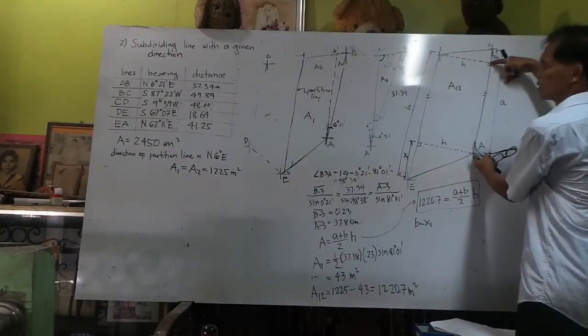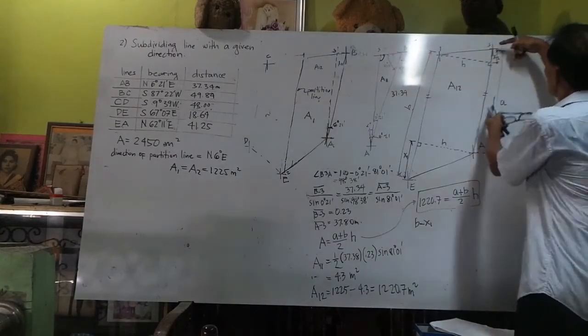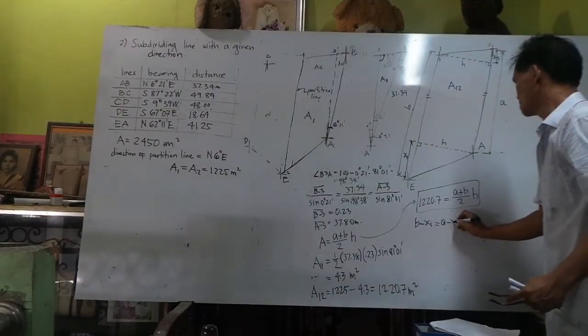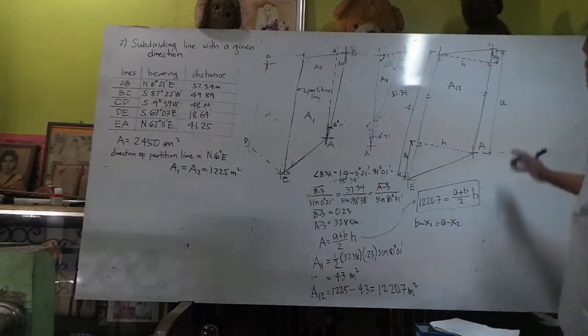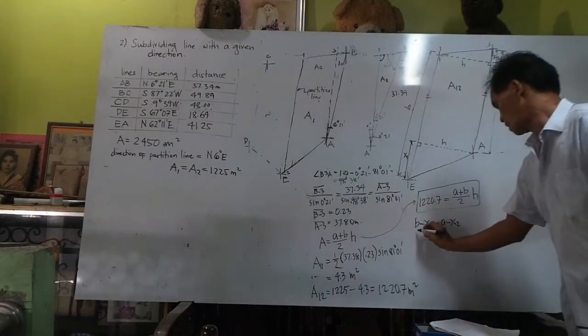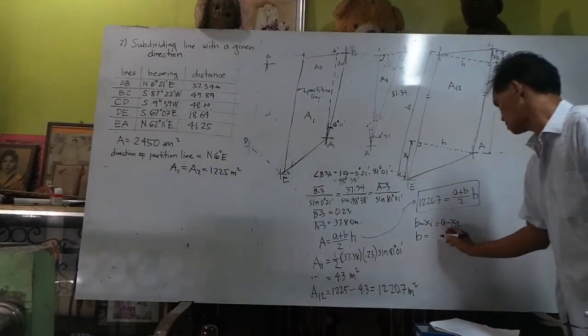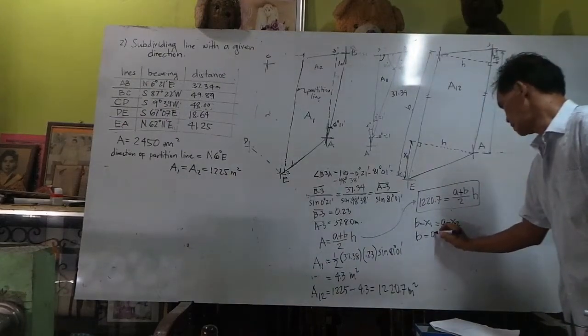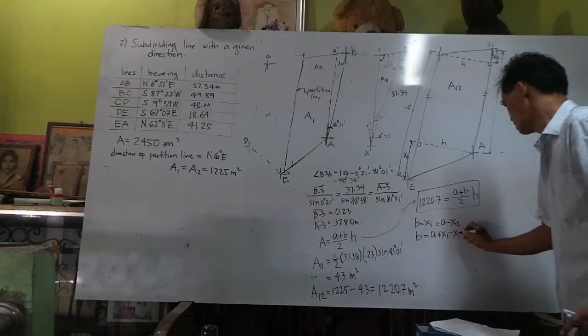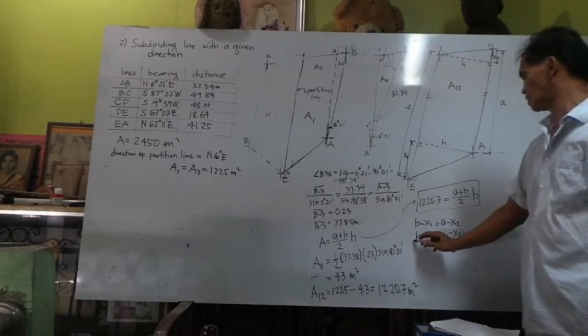This is A minus x2. So it equals A minus x2. That's like a ratio. Or we can say that our B is just equal to A plus x1 minus x2. So this is now the equation.